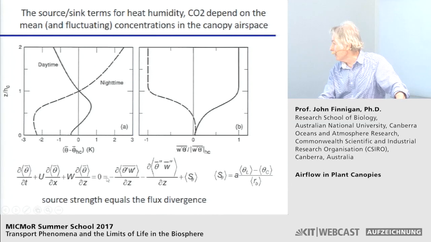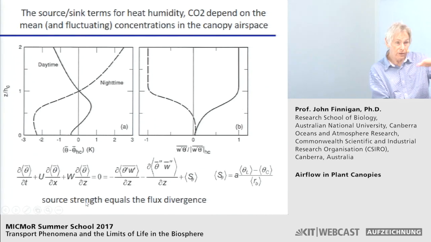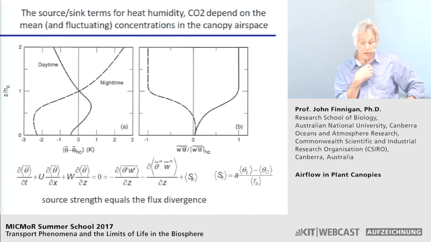And you can see from that that if everything is steady, so the time rates of change and the advective terms, the spatial terms, are zero, then there's a balance between the source or sink term and the gradient of flux in the canopy. So the flux divergence is exactly equal to the source sink terms.